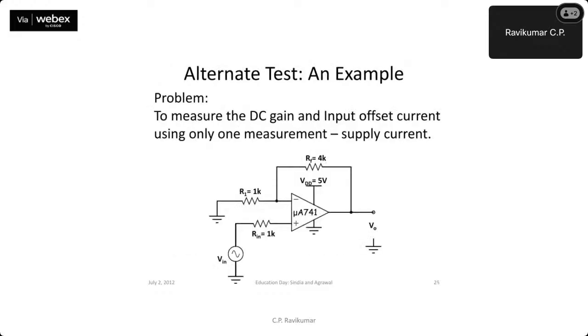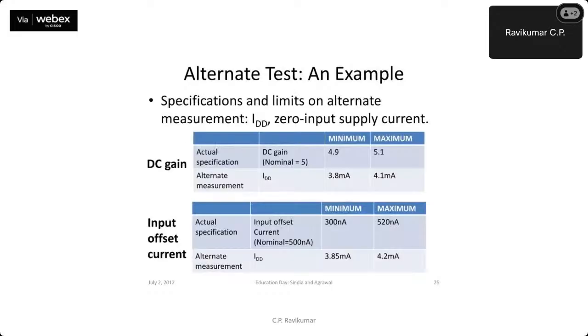So here is the example. We can try to relate DC gain and input offset current with the supply current. For the DC gain, the spec is it should be between 4.9 to 5.1, whereas the supply current is in the range 3.8 to 4.1.